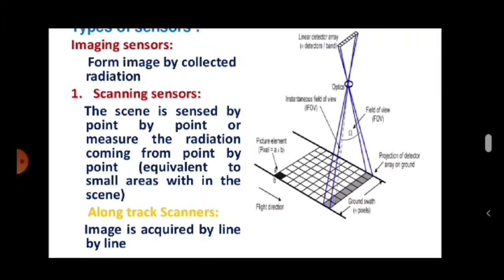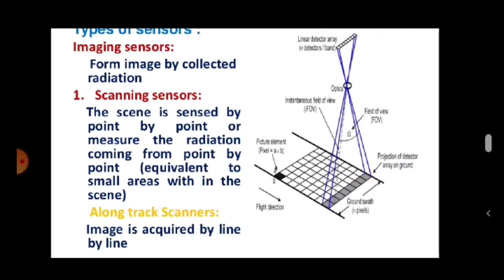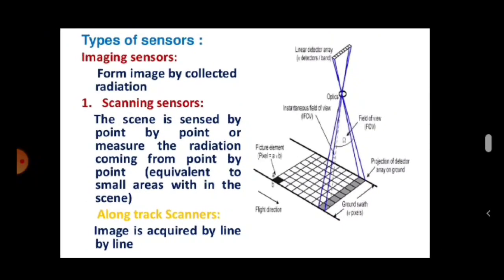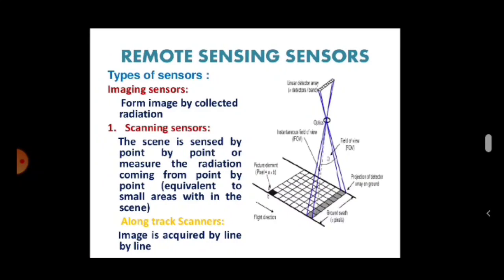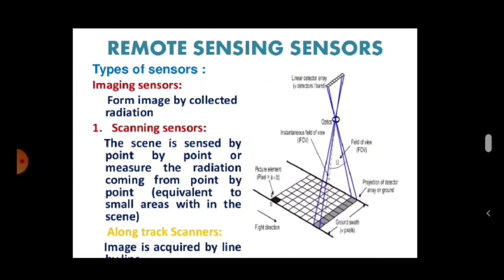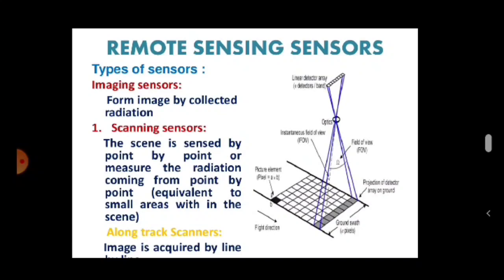These types of scanners acquire information image line by line. They use the forward motion of the platform to record a two-dimensional image which is perpendicular to the flight direction. Instead of scanning mirrors, they have a linear array of detectors located at the focal plane of the image.